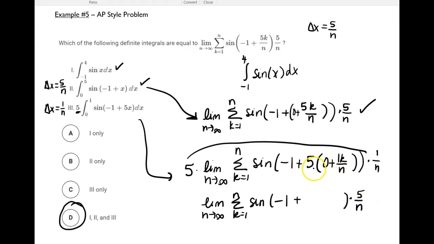And then this part here, 5 times 0 plus 1k over n. Well, the 0 cancels out, so I'm just doing 5 times 1k over n is 5k over n. So this one also works. It wouldn't be the most obvious way to go from this limit to the integral, but the integral does actually work here. So make sure you're checking all of your options.